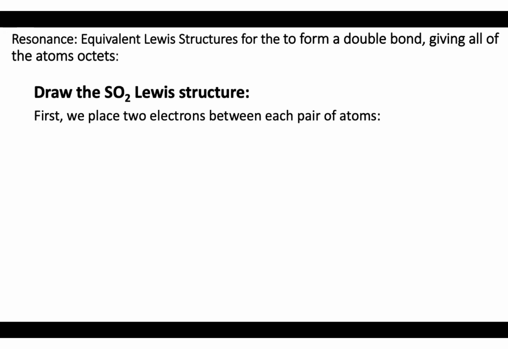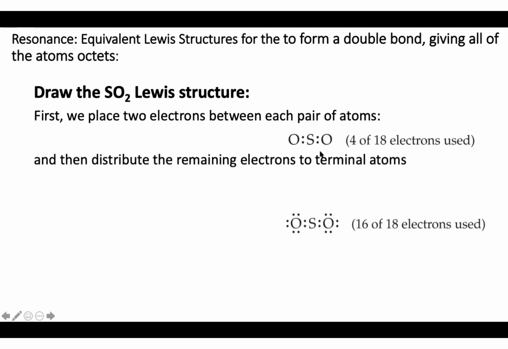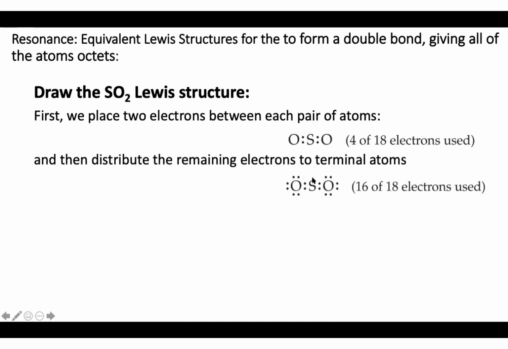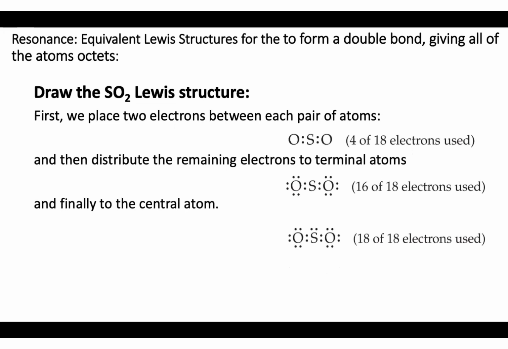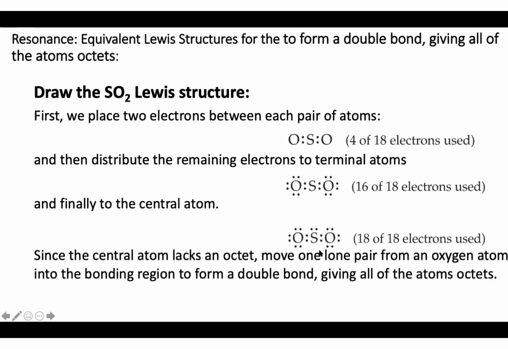We put the sulfur in the center, and we make sure to first use 2 electrons in the center, so 4 electrons are used, then I put the rest of them around the most electronegative elements. Now sulfur does not have 8 electrons at the end, so I'm gonna make a double bond for sulfur.